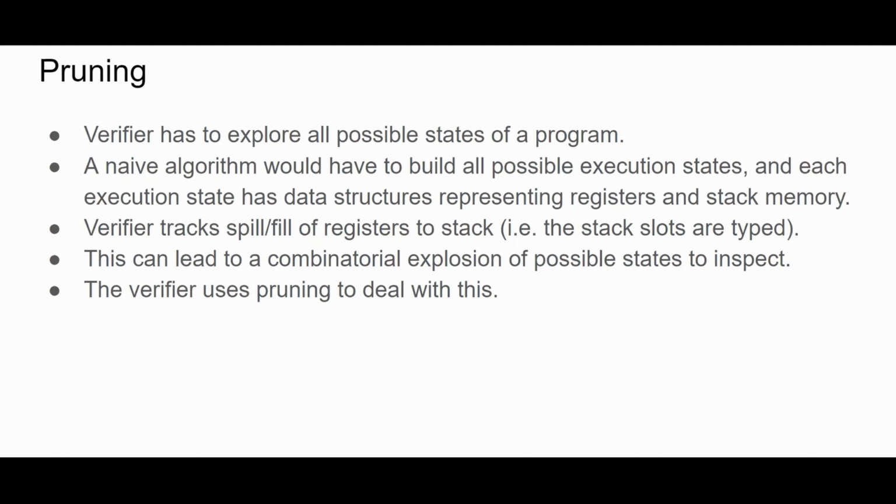Thinking about this, you might wonder: a program has a lot of possible paths that you have to verify, right? So if you do an if else branch, then you fork the states of the program into two, where you have to verify the true case and the false case. So how does the BPF verifier avoid state space explosion? How does it avoid spending too much time exploring possibly similar paths?